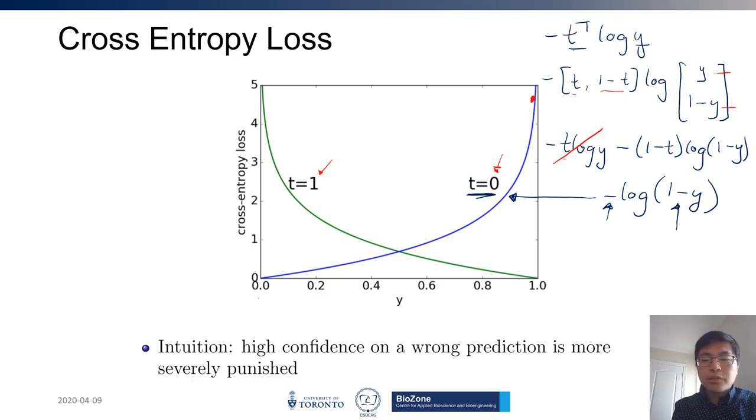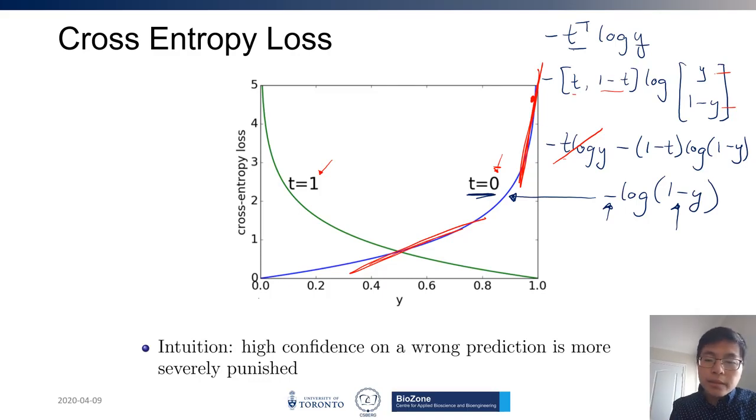The other intuition in machine learning is that the slope or the gradient of a function can be interpreted as a learning signal, because we're changing our parameters depending on where the direction of the gradient points. So our gradient here is very steep, but our gradient here is much shallower.